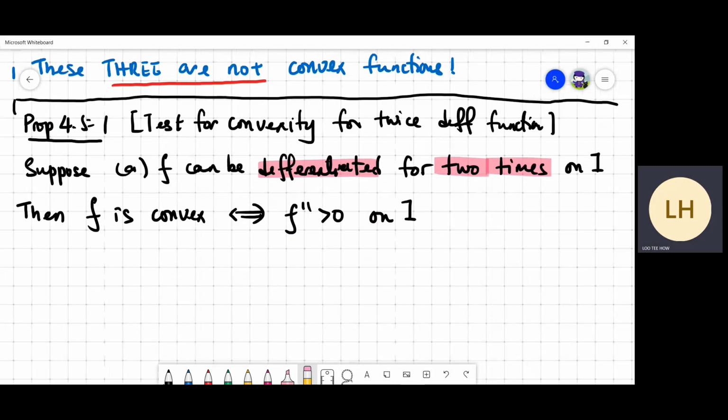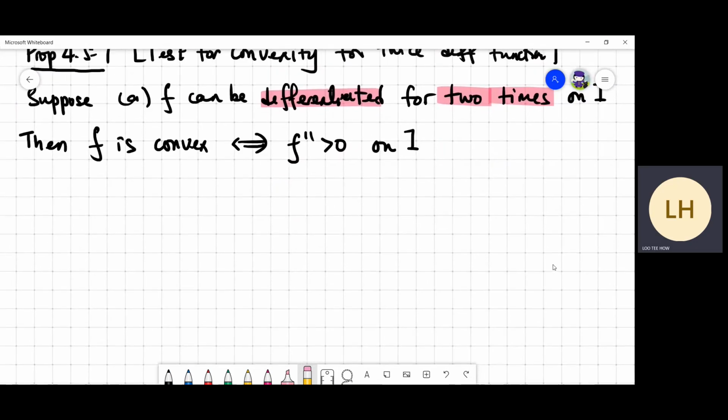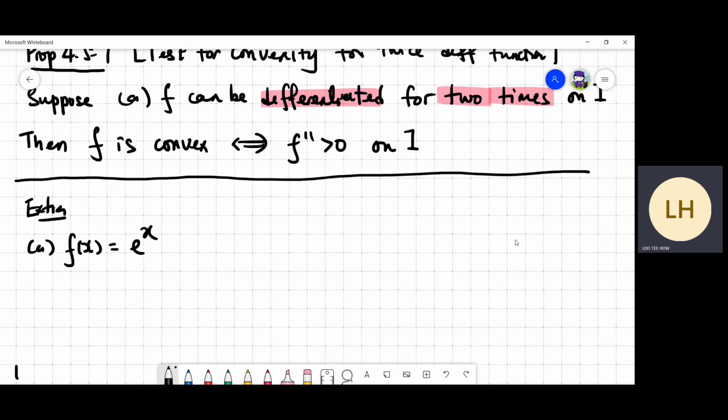Okay, let's look at several simple examples. A, let's say we look at f(x) equals e^x. Is this a convex function?